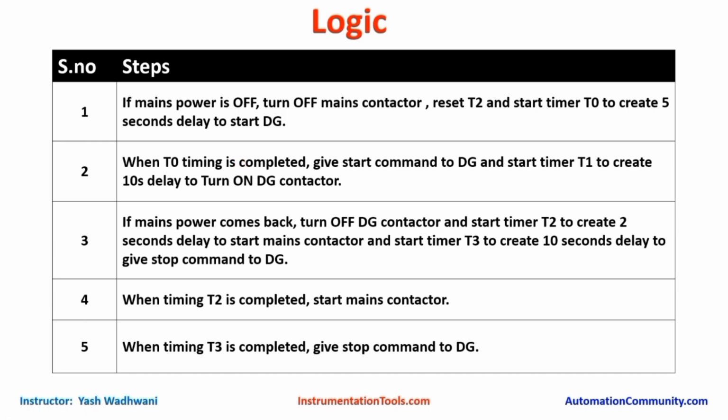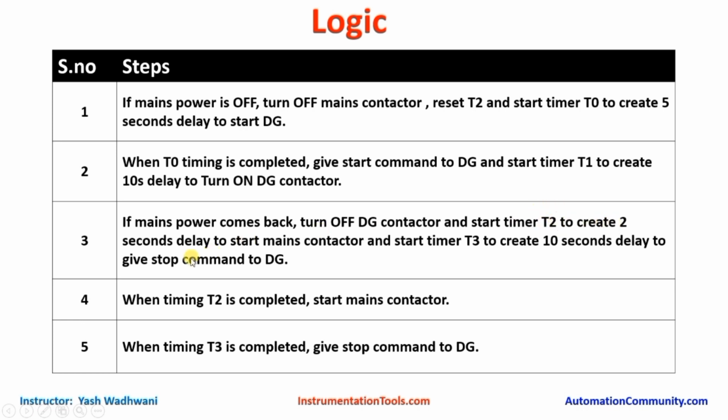Now we will understand what will happen if the mains power comes back. If the mains power comes back, it should instantaneously turn off the DG contactor, and after a delay of 2 seconds, it will turn on the mains contactor. For this we have used timer T2. So remember that timer T2 is used to turn on the mains contactor.